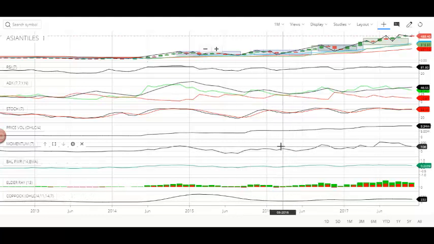So we are getting mixed signals here, and one thing that is quite beneficial for the stock is the relative strength. The RSI is quite high, and stochastics is showing a positive trend. Right now the stock is in consolidation mode and showing a red candle, but the stochastics is showing a very strong trend reversal with the fast line on top of the slow line, because both lines are on top of the 80 line.